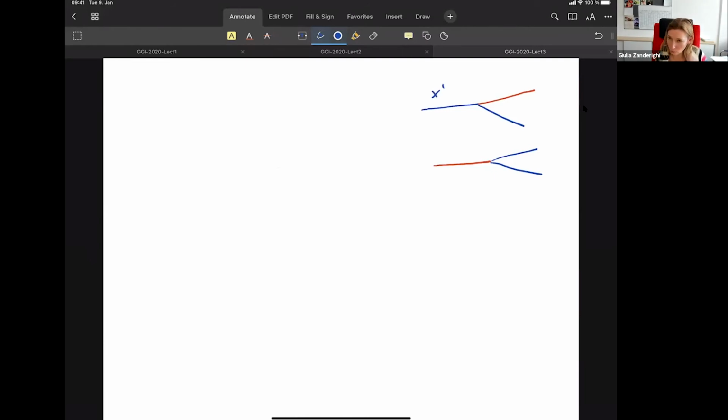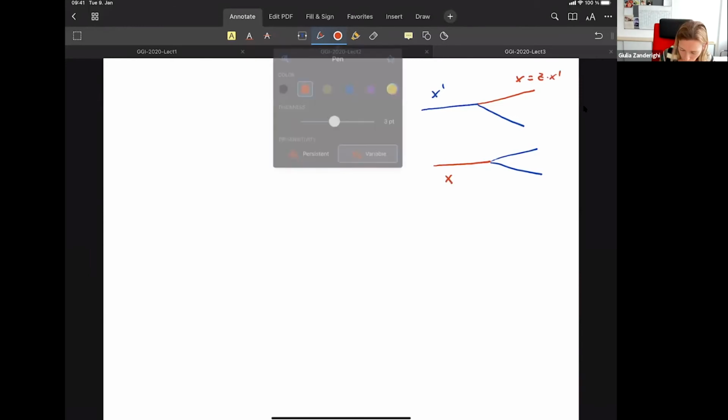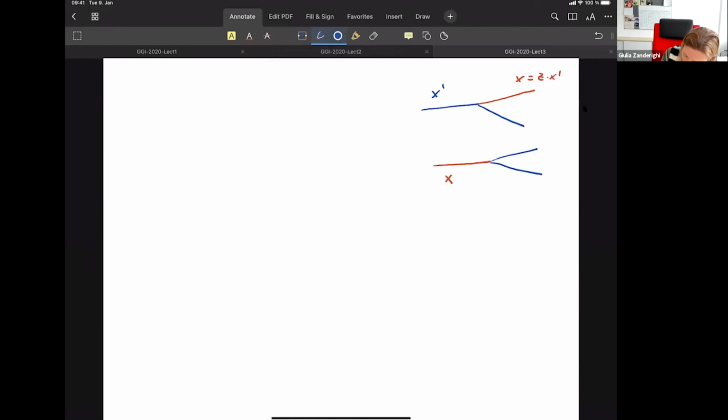It undergoes a collinear splitting. And so after the collinear splitting, this one will have momentum x, which is z times x prime. While here I have my parton with momentum x, and this undergoes a splitting. So here I will have z times x, and 1 minus z times x.